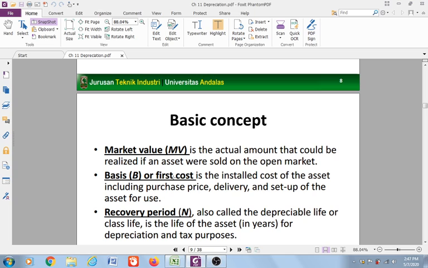And there is also the market value. The market value of the asset is the actual amount of money that we can get if we sell that asset on the open market. The basis, or the first cost, is just the purchasing and installation cost of the asset. So basically, the book value in year zero is just the basis, or first cost, of an asset.